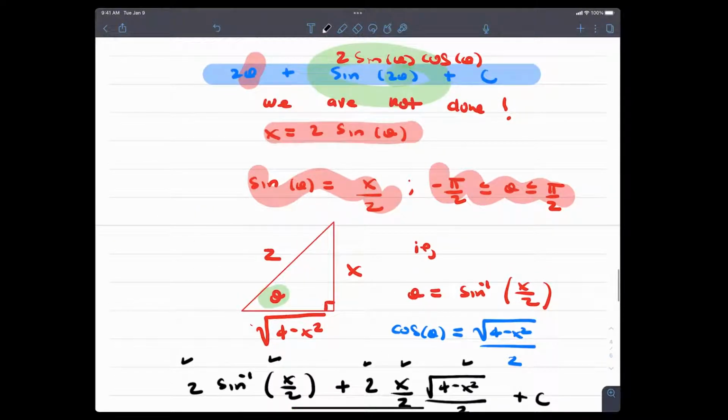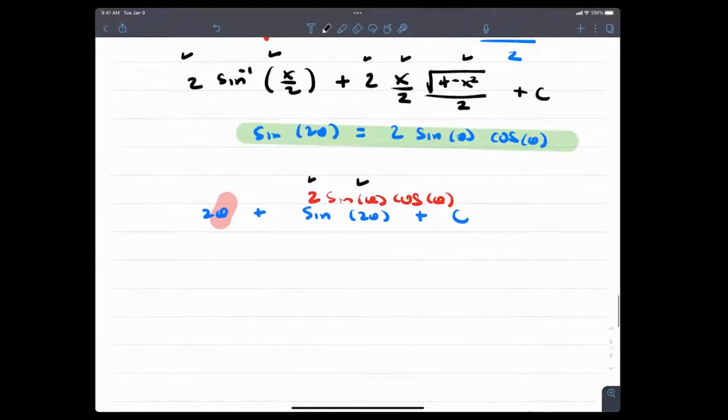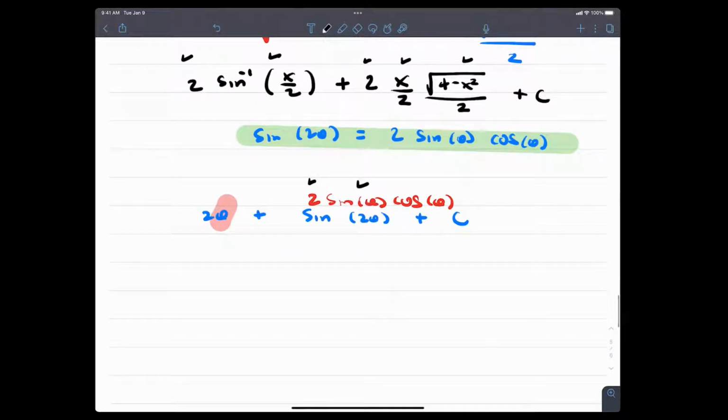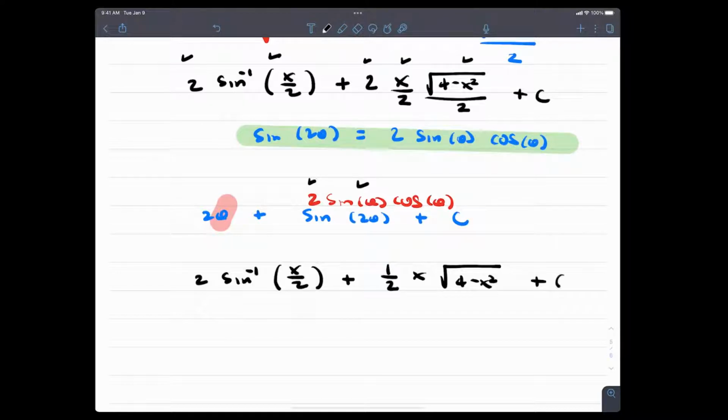That's right. It's an inverse. Yes. So don't forget, though, we have to simplify. Final answer: 2 inverse sine x over 2 plus, final answer, 1/2 x square root 4 minus x squared plus that c.